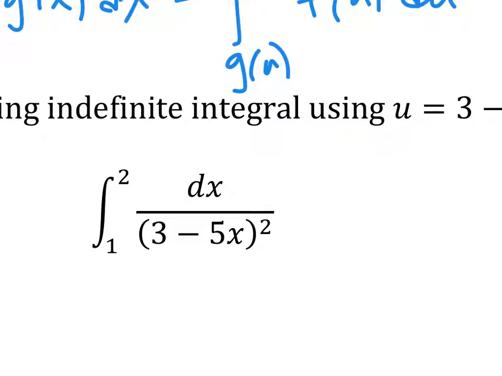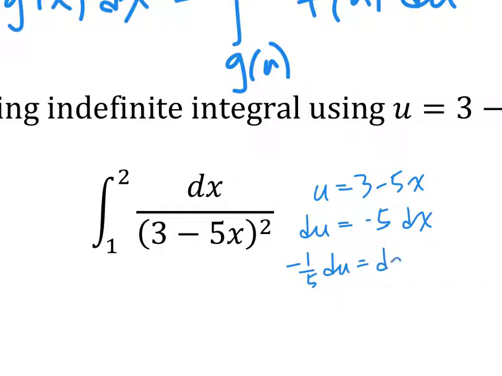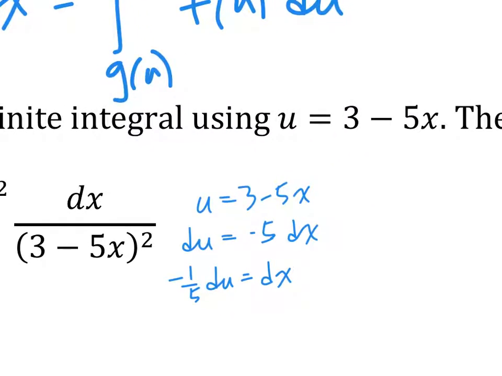All right, let's look at this question. So u is 3 minus 5x, du is minus 5 dx. So that means negative 1/5 du is dx. Okay, now let's do some substitution. So when x is 1, u is negative 2.